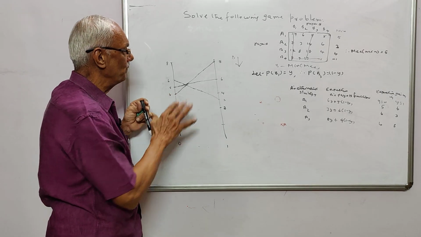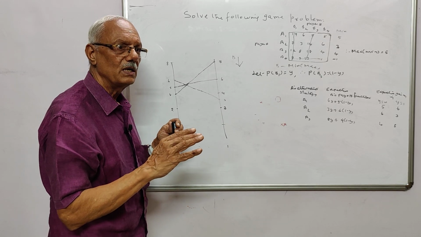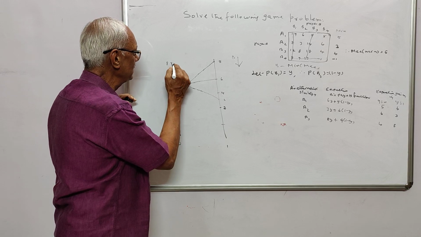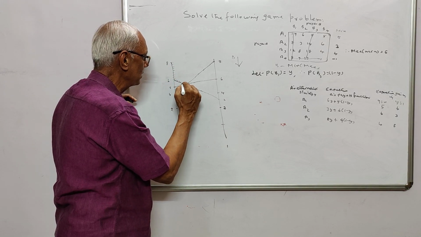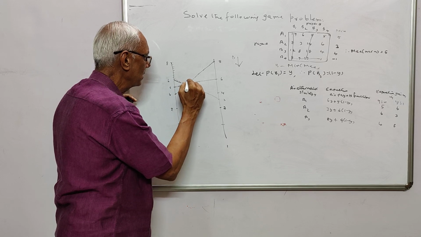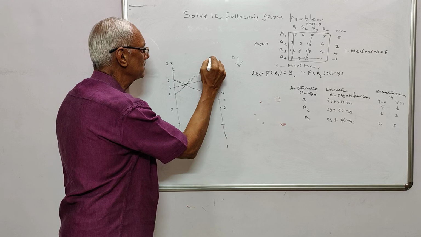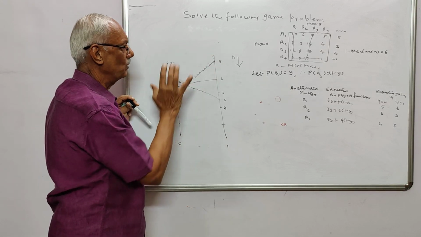Whenever you draw a graph like this, try to find an open space like this. I will draw this. Can you see this? I will shade something here. This is an open space that you have.